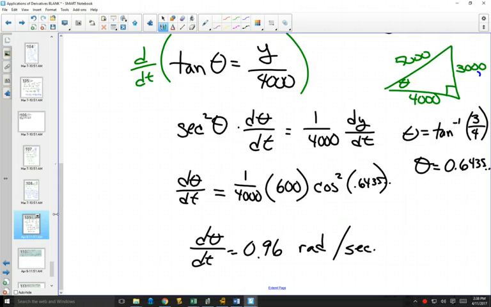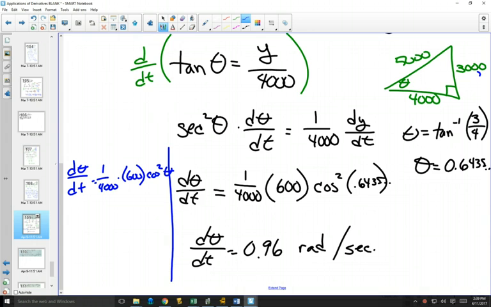Now your other option, if this was a non-calculator question, and you're wondering how would I do this without a calculator, because that 0.6435 and all of that looks complicated. Well, if from here I had d theta dt equals 1 over 4,000 times 600 times cos squared of theta, can you see from your triangle that you could figure out what cos of theta was without figuring out what theta is?